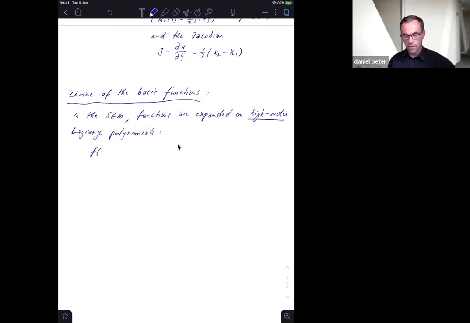So let's look at the function f of x, and x itself is a function of position psi. We're going to approximate the function with a set of basis functions that go from 0 to n, and then we have the coefficients f alpha. These Lagrange polynomials we write as L alpha n of psi, where n is the degree of the polynomials.